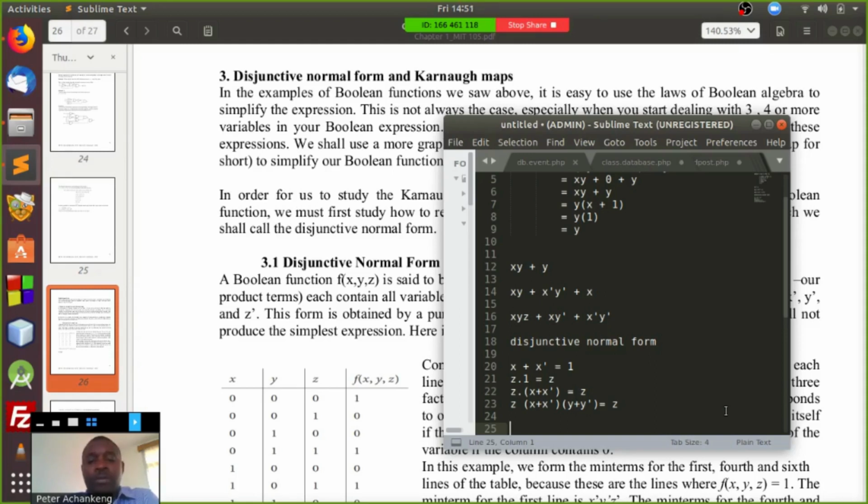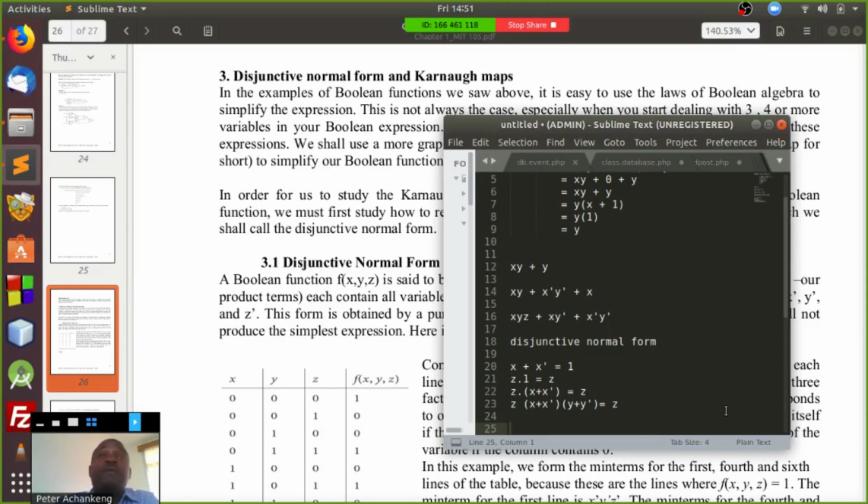If in a particular term, let's say y is missing and I want to introduce y to that term, what do you do? You multiply that term by y plus y prime, because we know that y plus y prime is 1 and nothing has changed. And we know that z plus z prime is 1, nothing will change. So we're going to exploit that to transform our Boolean expressions into the disjunctive normal form, which will contain all the variables.